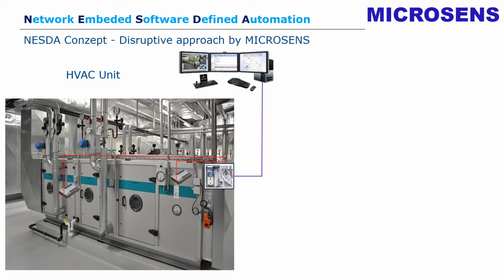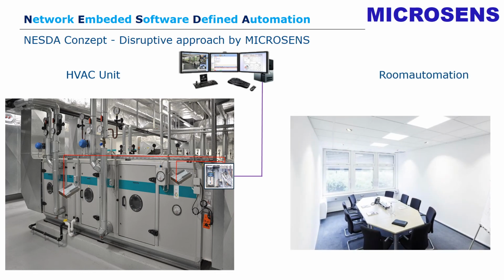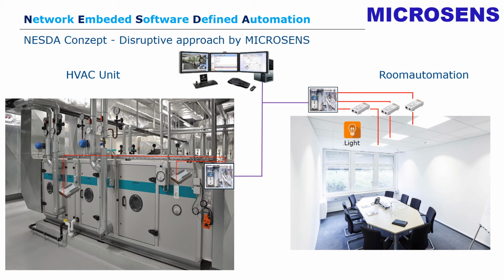And now the simplification of planning of cabinets will be shown on the right side of the presentation. We have here a room, an office, which is representing room automation. We use again exactly the same distribution box connected over an uplink to the management layer, and then we connect some smart light controllers over PoE for PoE lighting.